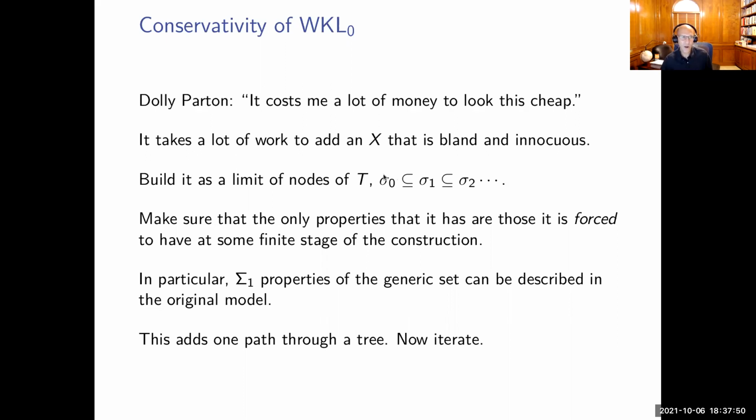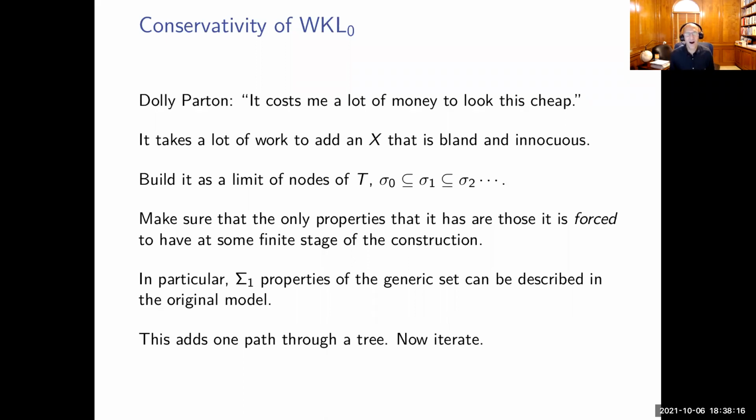So the idea is you want to build the path through the tree T with a sequence of approximations. And you want to do it in such a way that the only properties it has at the end are the things it had to have at some finite stage of the construction. Intuitively, you want to make it so that nothing holds of this path, except for the properties it had to have just because of the construction.